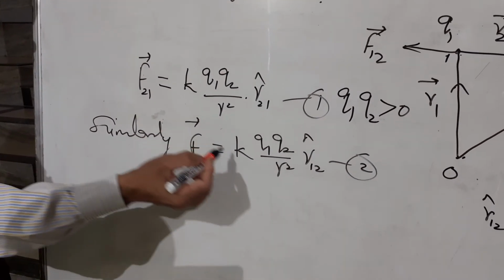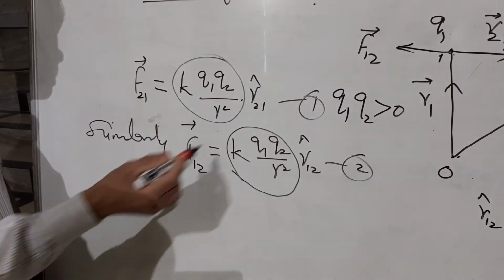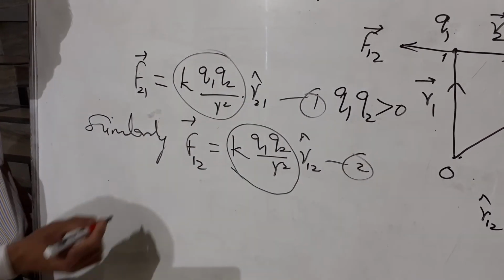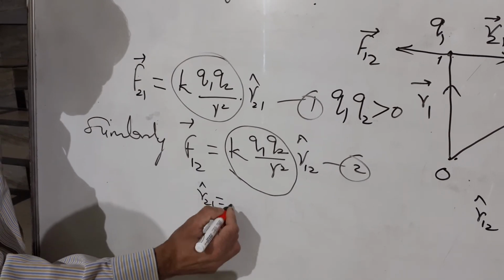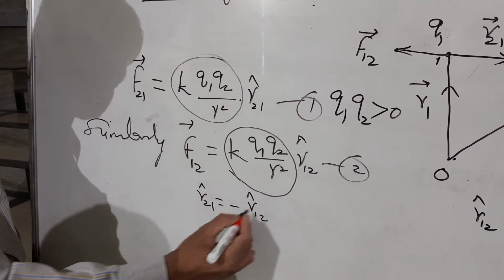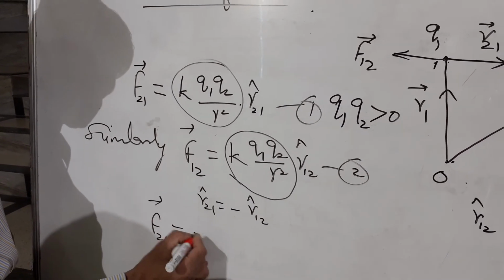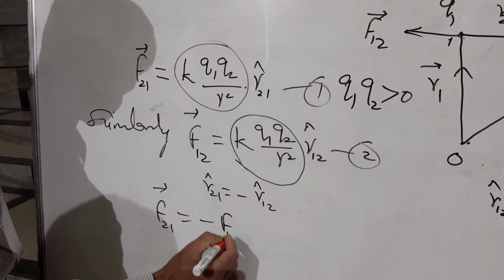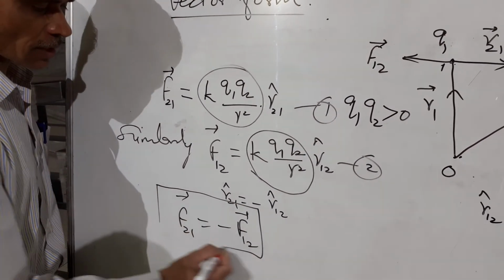We have seen that the magnitudes of these two forces are the same, but they have different directions. Since R21 cap is equal to minus R12 cap, we can write vector F21 is equal to minus vector F12. So what do we conclude?